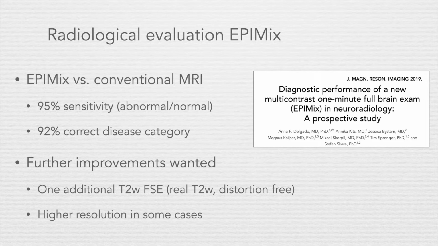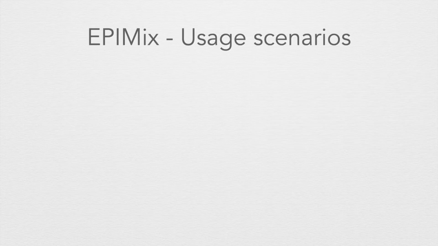They also wanted high resolution in some cases. So this is where we were basically in 2019, 2020. That was when we said, okay, we need to start from scratch and make a new sequence called NeuroMix. But I'm going to continue that in a sec.